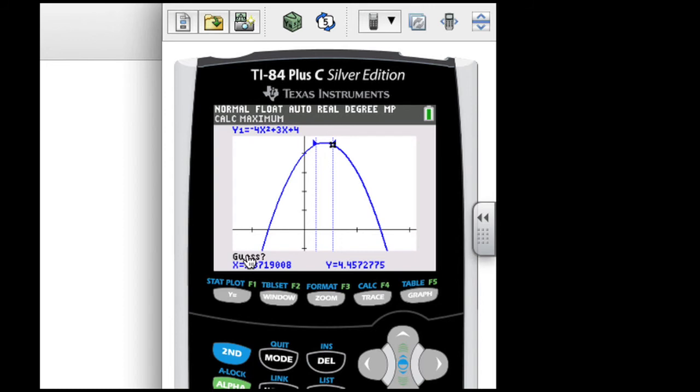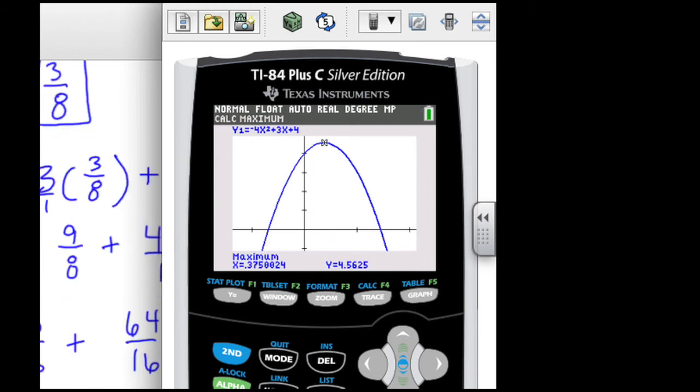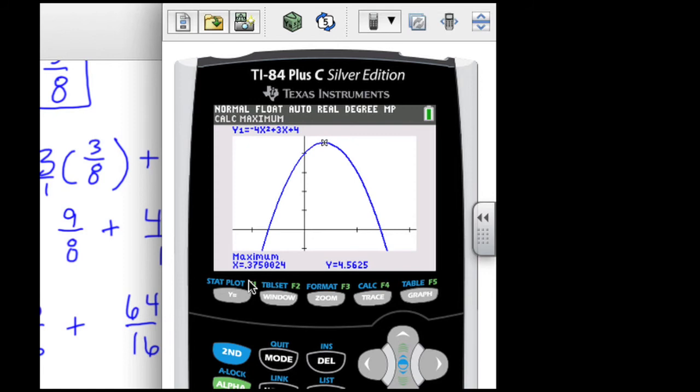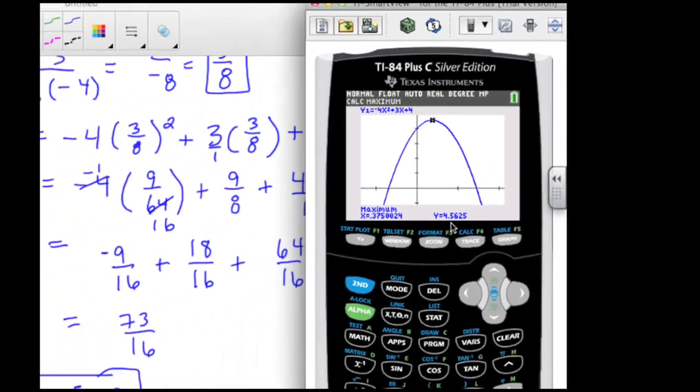It's going to ask for a guess. I'm not going to give a guess. I want it to try to find the answer between these two boundaries. And when I press enter, we see that the maximum value is in fact 375 thousandths for the x value, and the y value is 4 and 563 thousandths after I do rounding in that thousandths place.